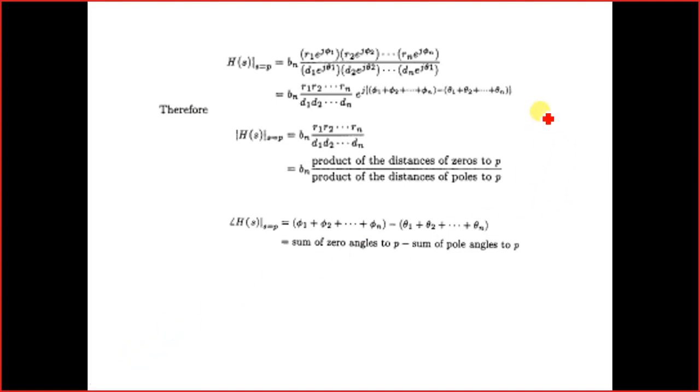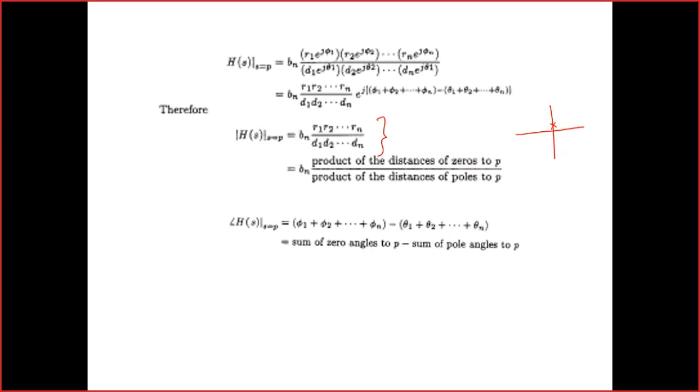The answer to this lies in this equation. Okay. So what happens? I place a pole over here.